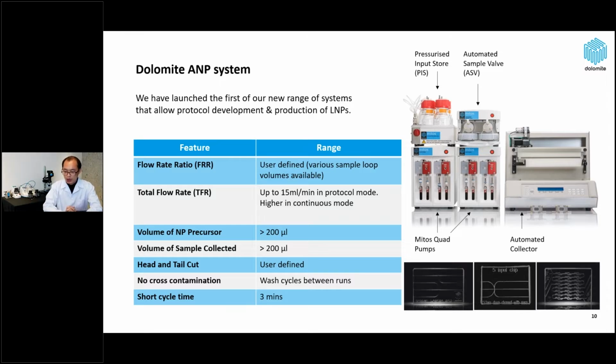The system uses microfluidic chips for formulation of nanoparticles with different geometries depending on the target application of the customers. Different chip types affect the formulation process, for example particle size, encapsulation efficiencies, or production rate.